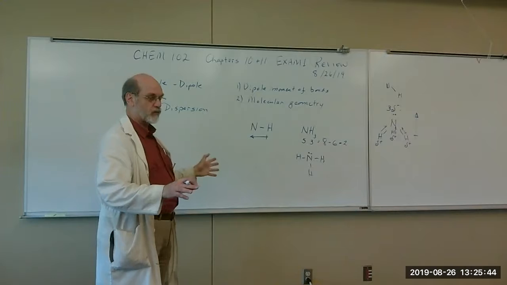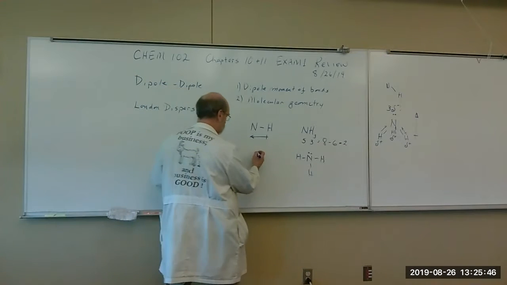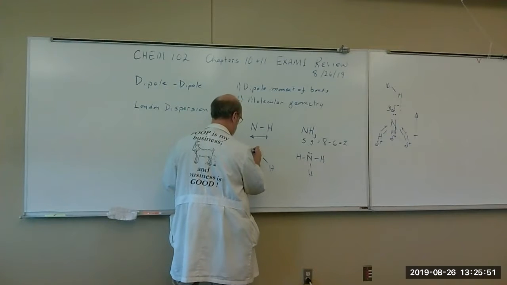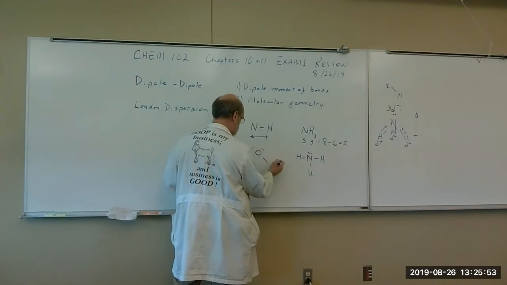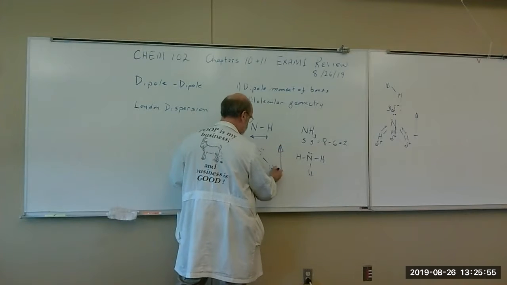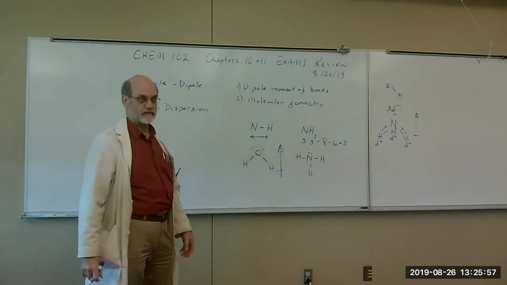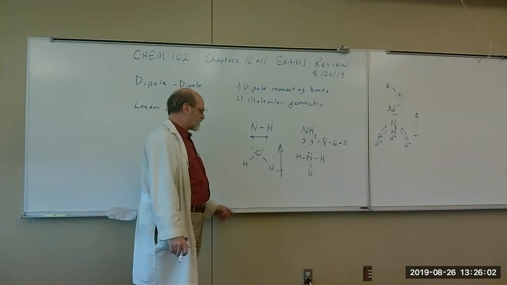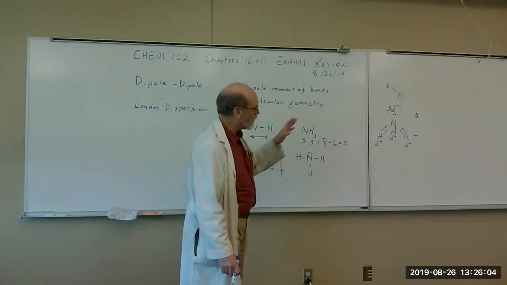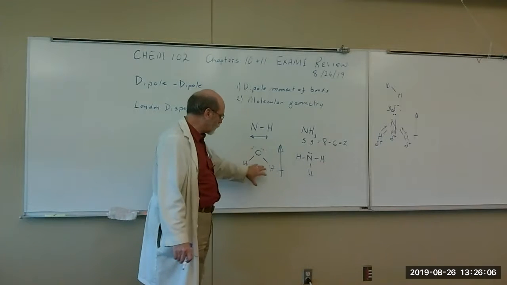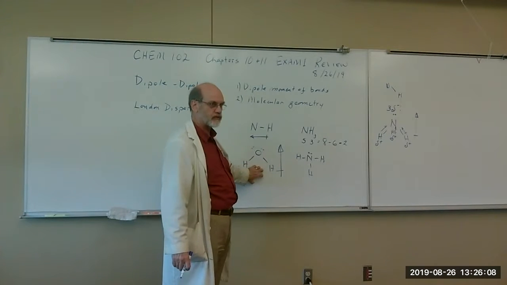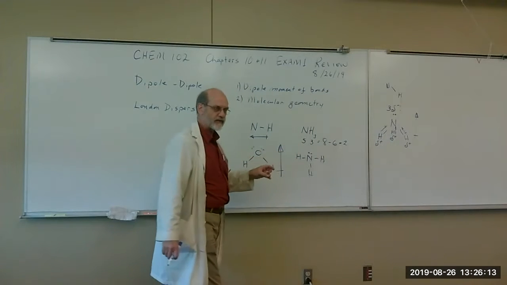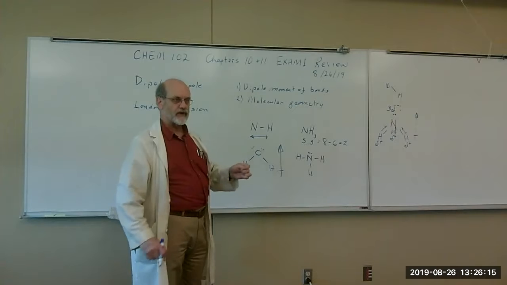You could do the same thing with water. Right? Water is going to be like this, only it has two lone pairs. So it is a very polar molecule, even more than ammonia. Okay? So based on that, if we compare water and ammonia, and we know that the dipole moment for water is much larger than it is for ammonia, what does that say about physical properties?